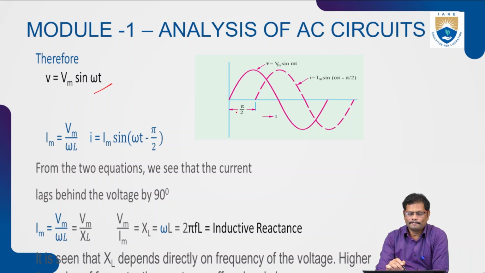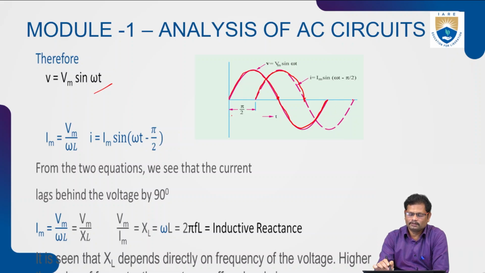So, let us say this is the applied voltage, and after 90 degrees or after pi by 2 radians, the current starts conducting. After 90 degrees the current reaches the end of the positive half cycle and starts conducting in the negative half cycle.